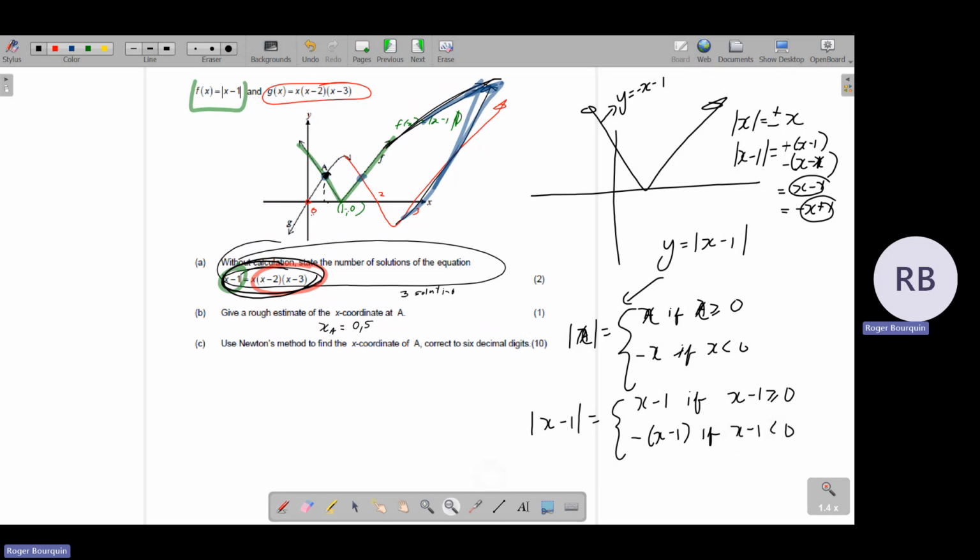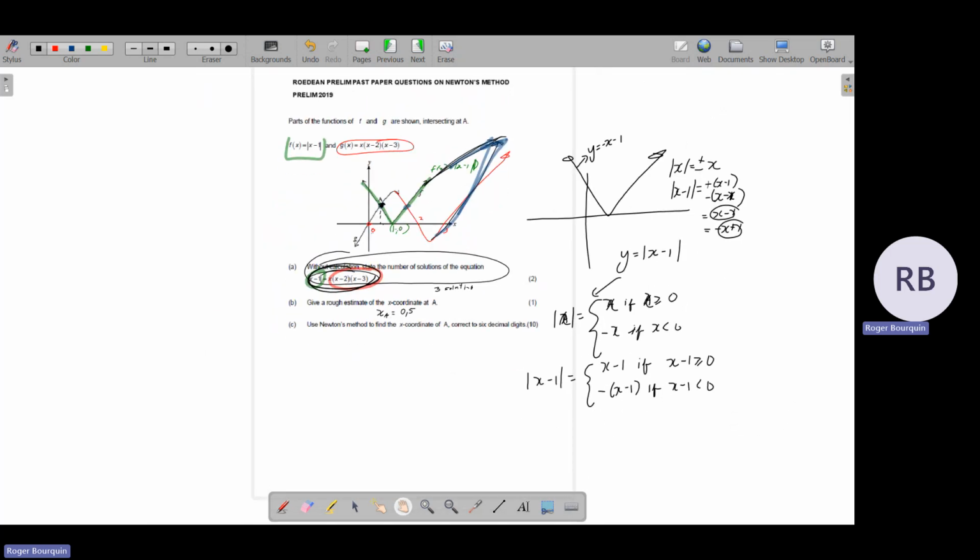You wouldn't have to show any of this; I'm just giving you a brief revision of absolute values. So this absolute value graph is made up of two straight line graphs: the graph y is equal to x minus 1 if x is bigger than or equal to 1, and the graph y is equal to negative x plus 1 if x is less than 1.